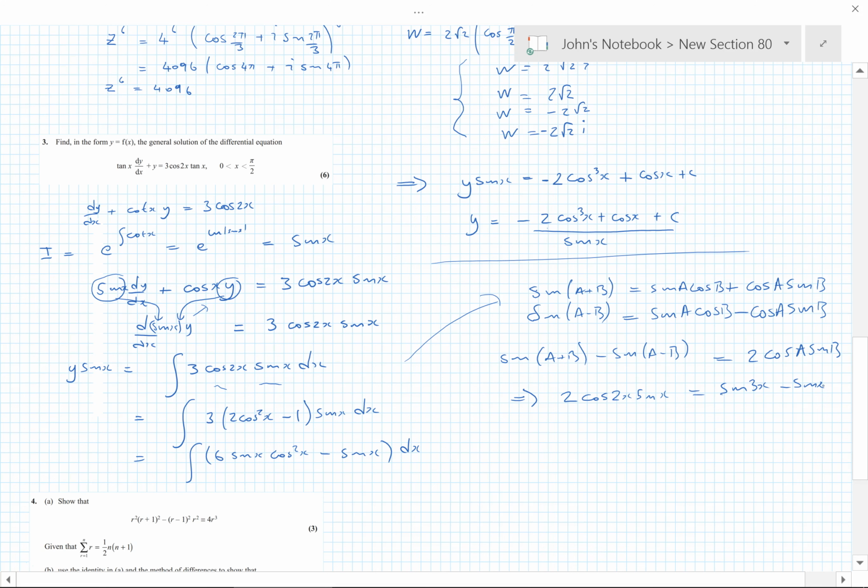So that means that we've got the integral of 3 cos 2x sine x, coming back to here, 3 cos 2x sine x dx is the same as 3 over 2 of sine 3x minus sine x dx.